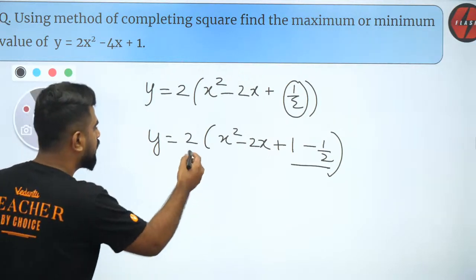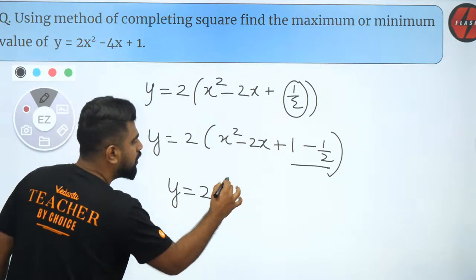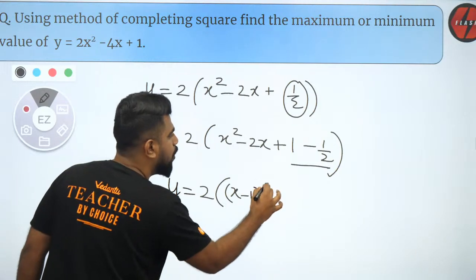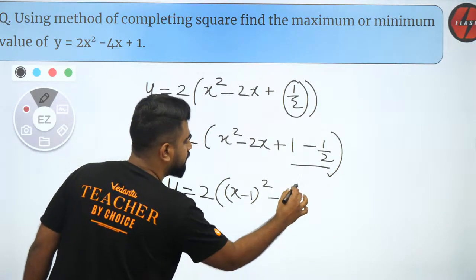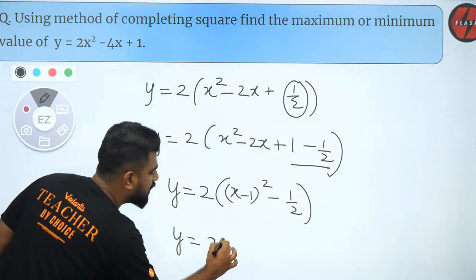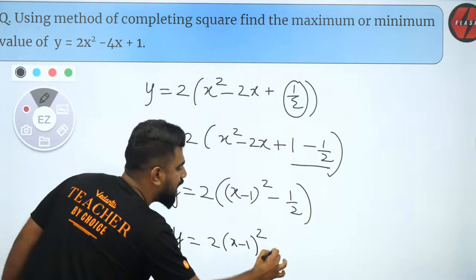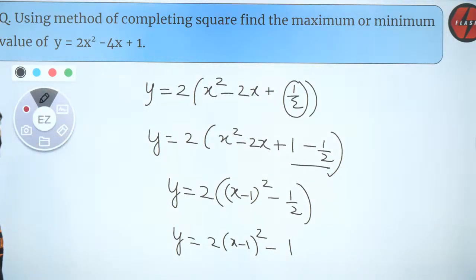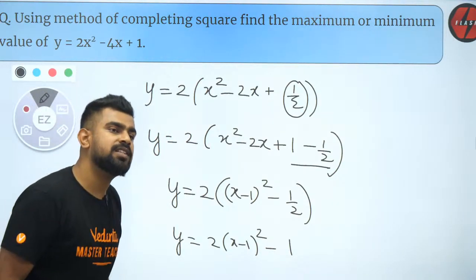Let's complete this because this is important. All of you done? So can I say y is equal to 2 times of x minus 1 the whole square minus half? So can I say this is equal to 2 times of x minus 1 the whole square minus 1? Are you all able to understand that?